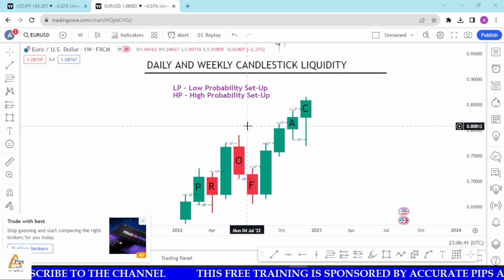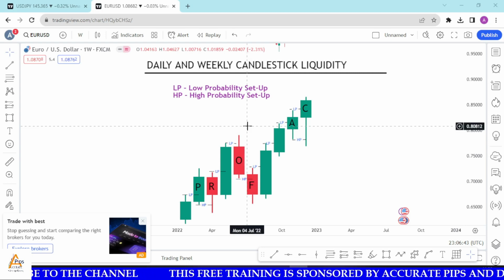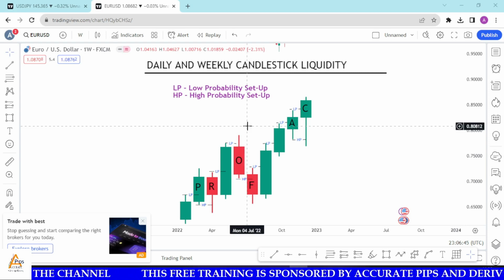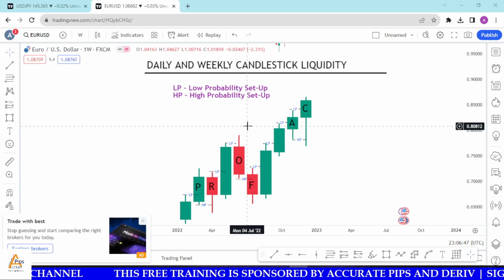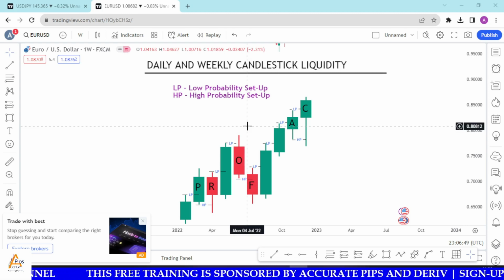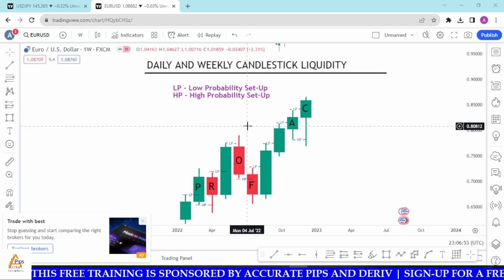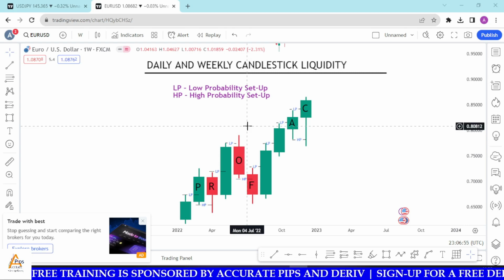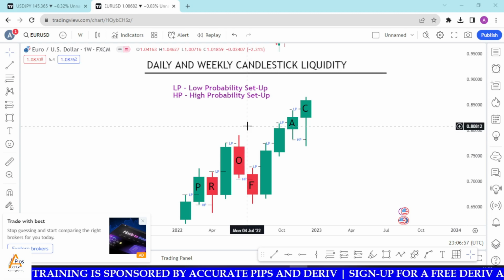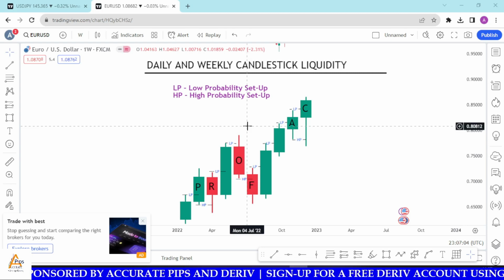These are very important concepts, so we will look at how we can spot them and how we can trade them. So sit tight, and then we will dive into this particular lesson step by step, because it is important for you to understand this particular lesson very well.